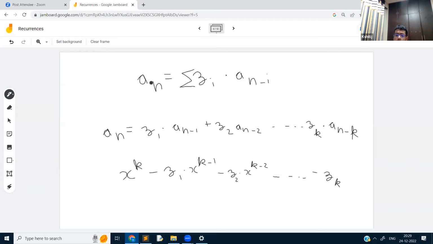For the last term, the power of x is 0. For the first term, the power is k. And this is equal to 0. We find the roots of this equation. Let the roots be R1, R2, R3 and so on till Rk, since it's a degree k equation.